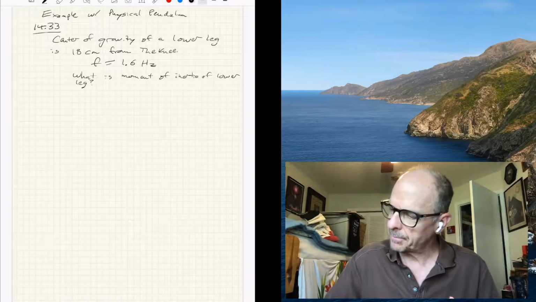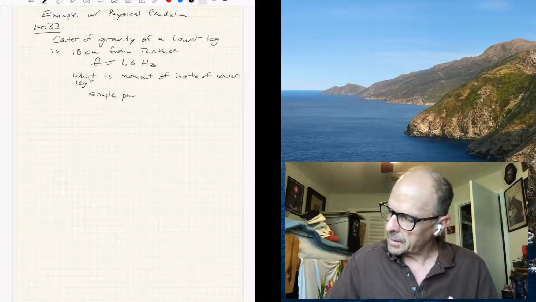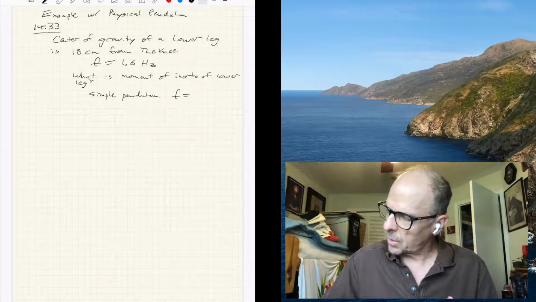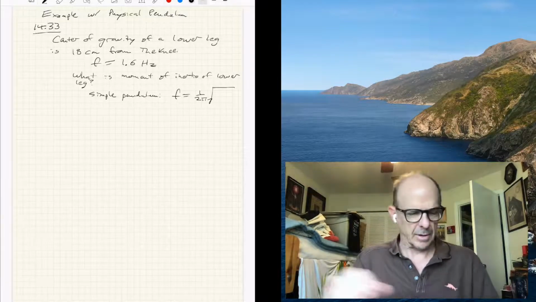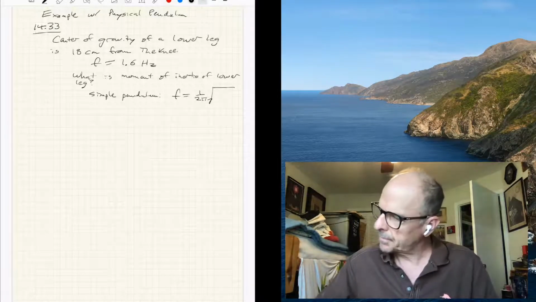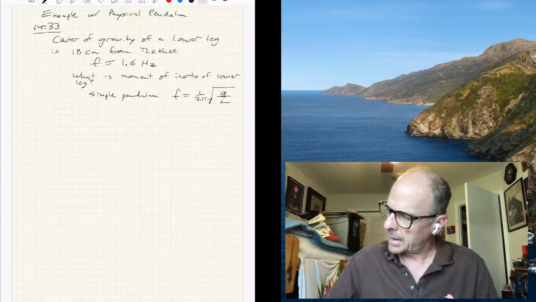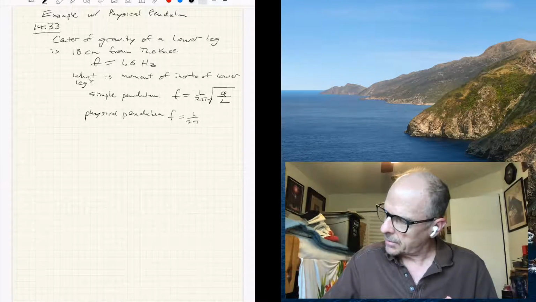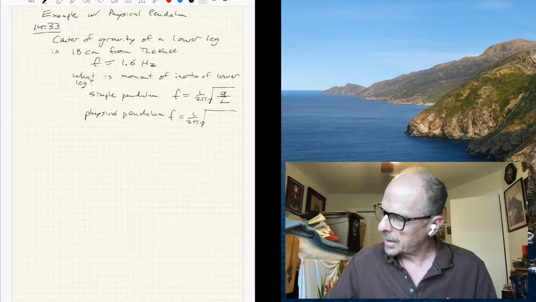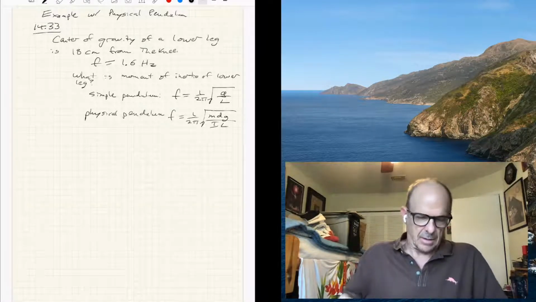Remember, for a simple pendulum, f is 1 over 2 pi times the square root of g over L. And for a physical pendulum, f is 1 over 2 pi times the square root of mgd over I. Let me just make sure I did that right.